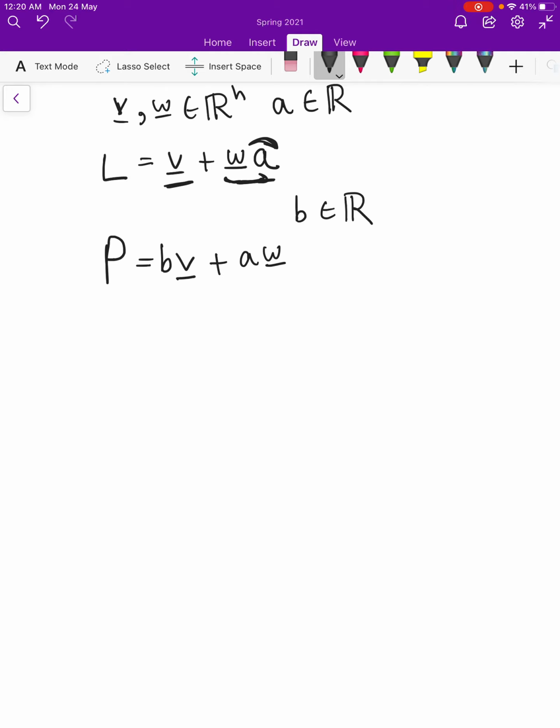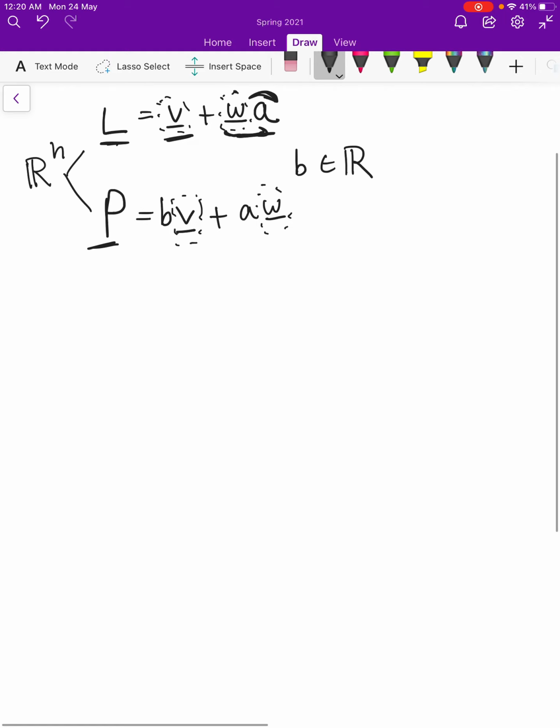Now this plane, just like the line, is going to be in Rn. Rn meaning they'll always be in the same n of v and w. And same with lines, when I say Rn, it means they're all going to have the same n, because this is just scalar multiplication and then addition.